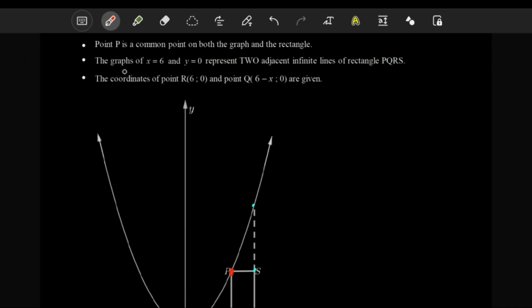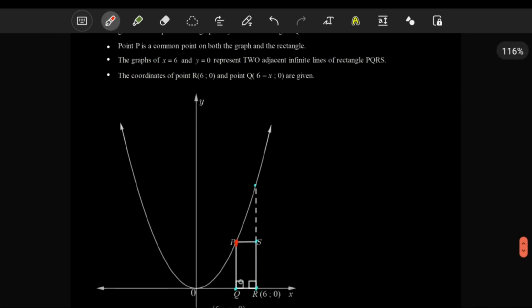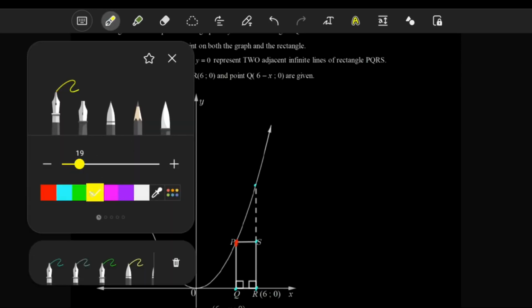And then it says the graphs of x equals 6 and y equals 0 represent two adjacent sides of rectangle PQRS. The graph x equals 6 is a straight line going downwards. Why are these guys trying to be so extra now, with all this infinite this, infinite that?